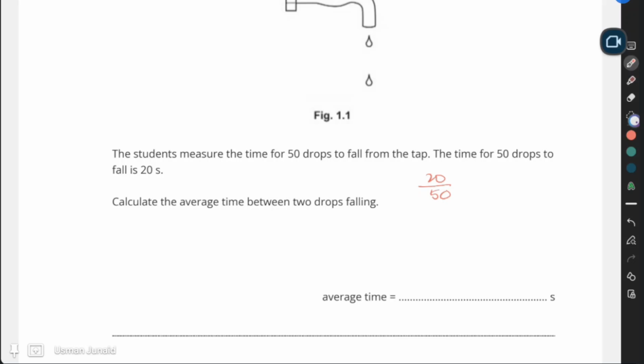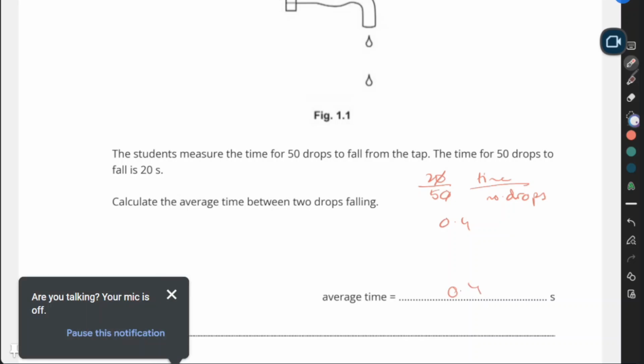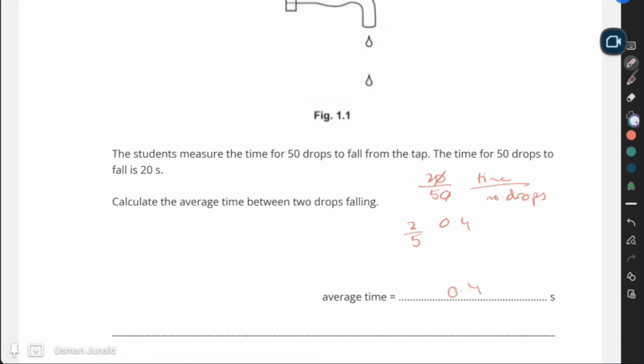And you have 50 drops. So it's going to be the time over the number of drops. Okay, so that's 0.4. Is the answer 0.8? 0.4. Oh, it's 2 over 5, right? Okay.